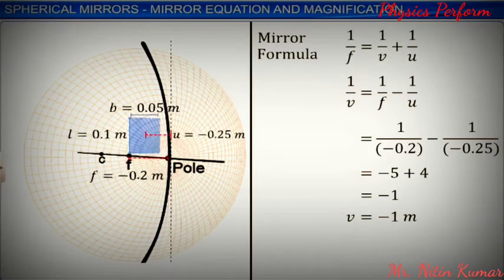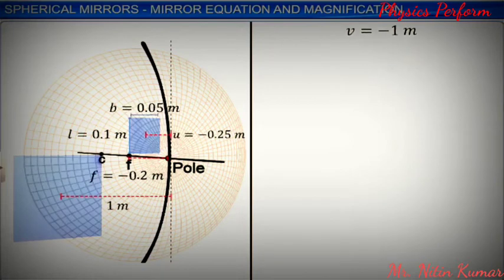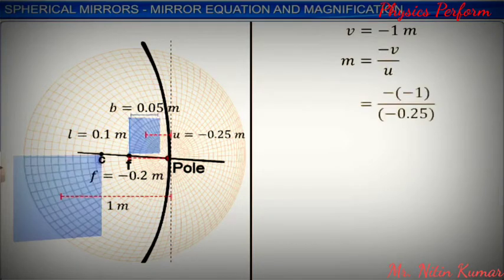That means the image is formed at 1 meter from the mirror. We know that magnification M is equal to minus V by U. On substituting the values for U and V and on further simplification, we get M is equal to minus 4. That means the image is 4 times bigger than the object.